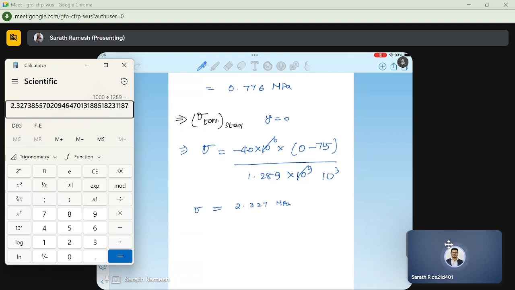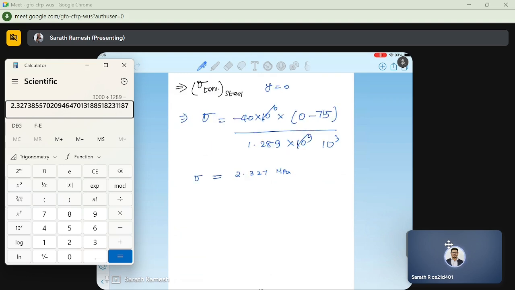Now actually this is the stress induced directly. If you are using the modular ratio concept, for the case of stress alone we need to multiply by the modular ratio.